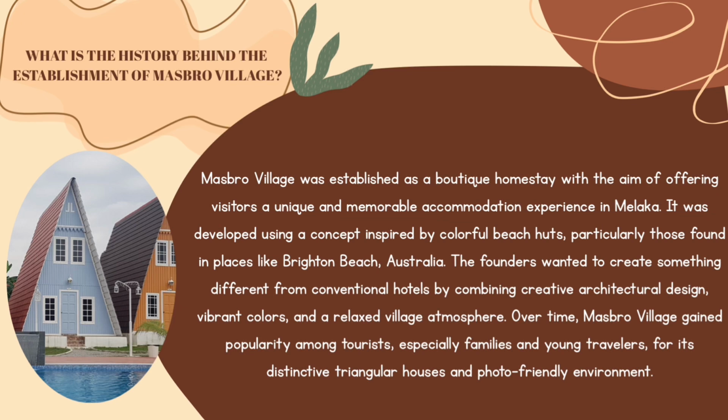The founders wanted to create something different from conventional hotels by combining creative architectural design, vibrant colour, and a relaxed village atmosphere. Over time, Masbro Village gained popularity among tourists, especially families and young travelers, for its distinctive triangular houses and photo-friendly environment.